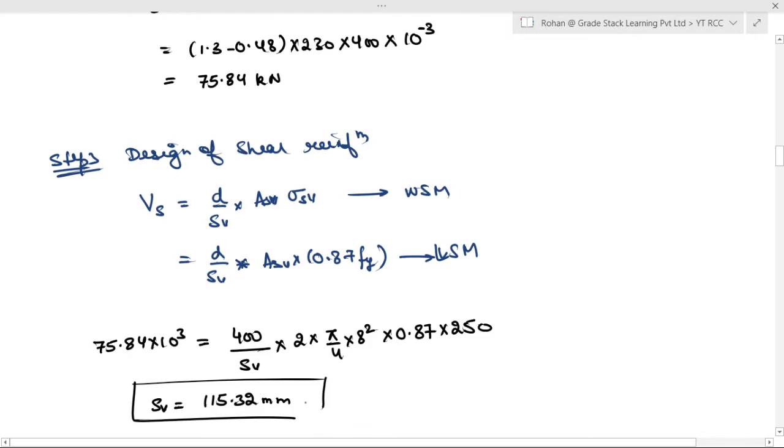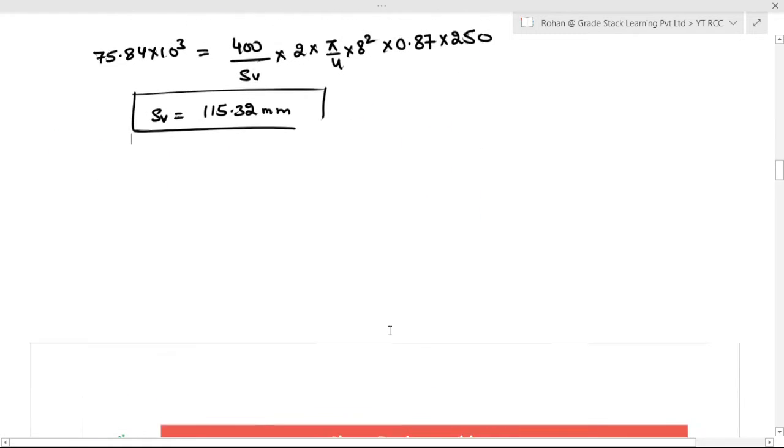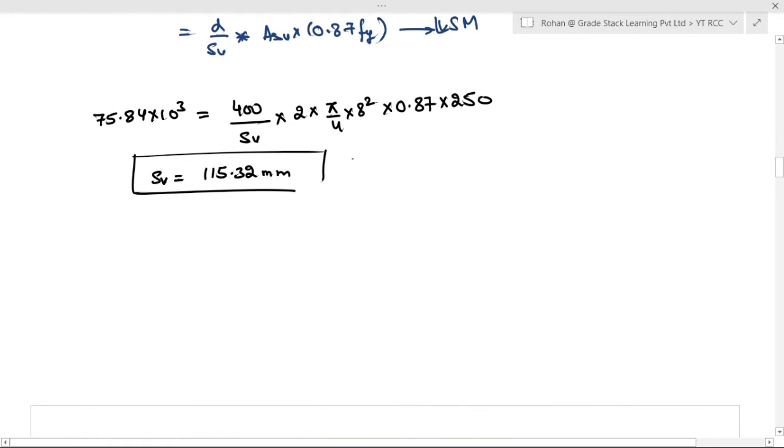Now you have to check. It shall not be more than Sv maximum, that is, the spacing corresponding to minimum shear reinforcement.